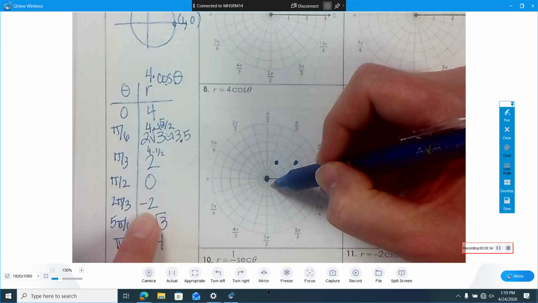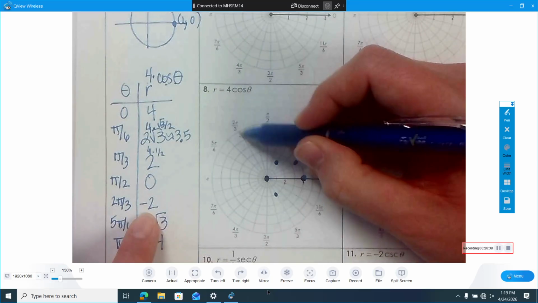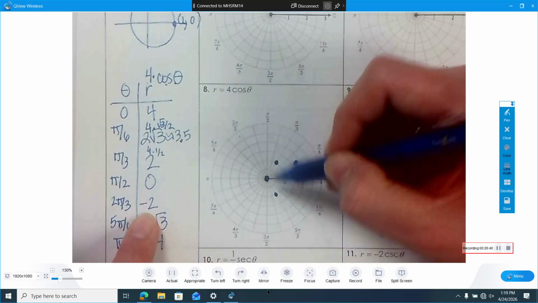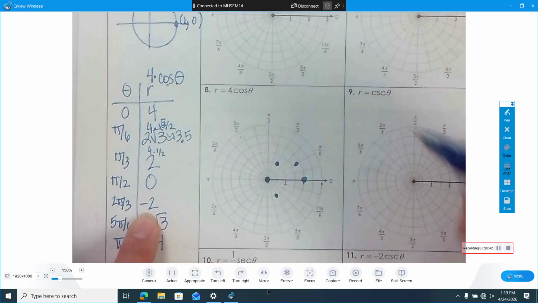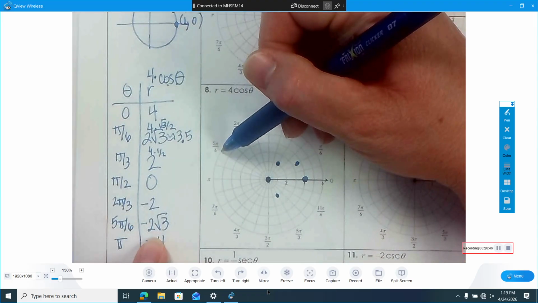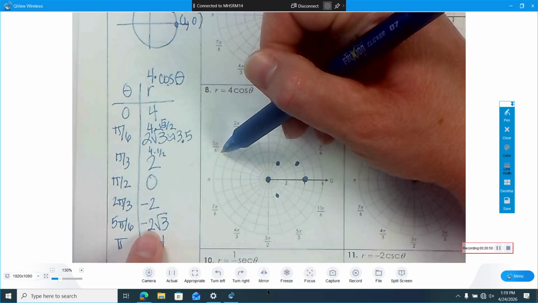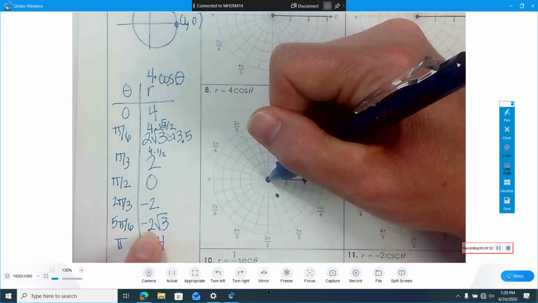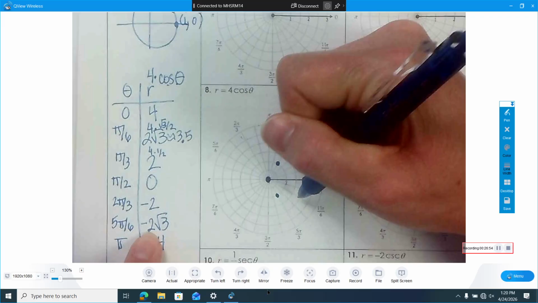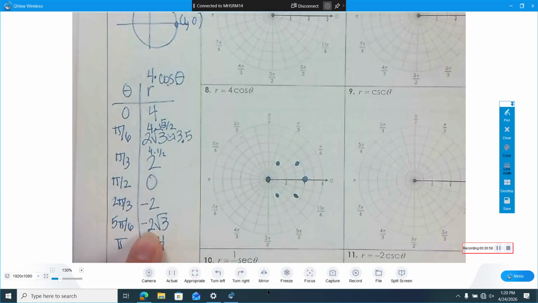You go in the opposite direction, so away from the angle instead of towards the angle. So right here, negative 2. And then 5 pi over 6 is right here, but instead of going towards the angle, our radius is negative, so it goes away from the angle. And that was about 3.5 away from the angle.